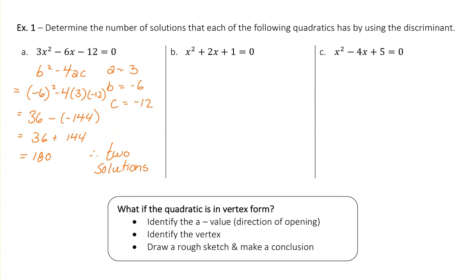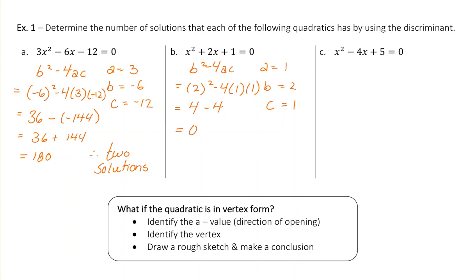Okay, for our next problem here, same thing. Start with the discriminant. List your variables. A is 1, B is 2, and C is also 1. Okay, well, solve this out again.